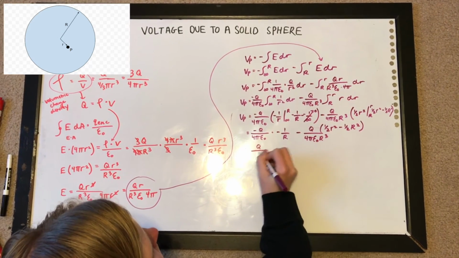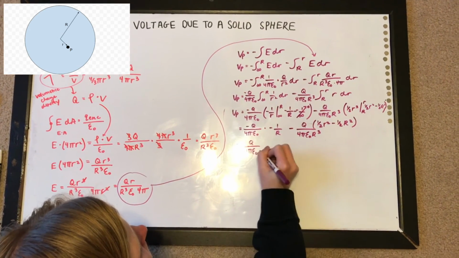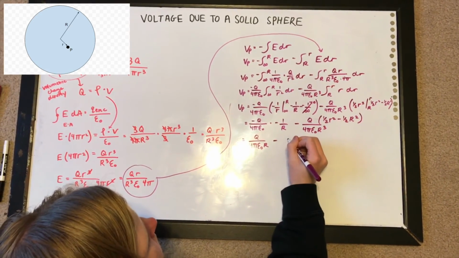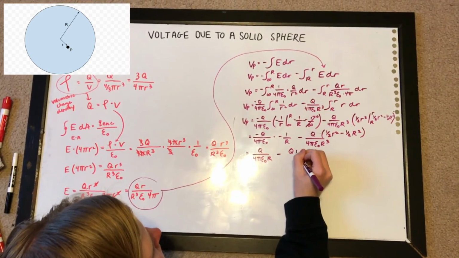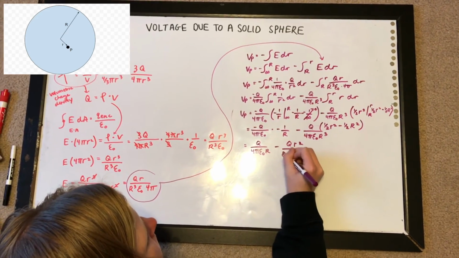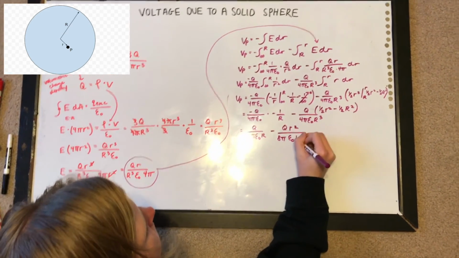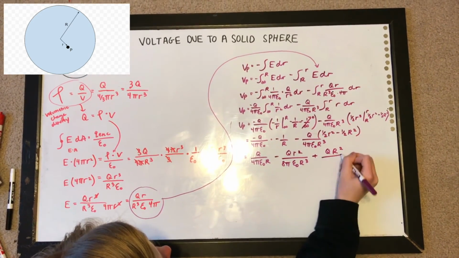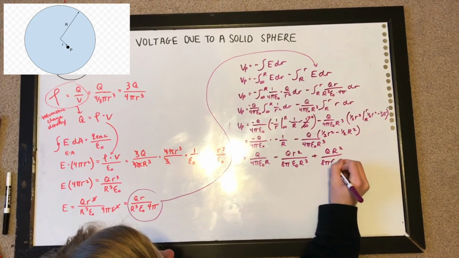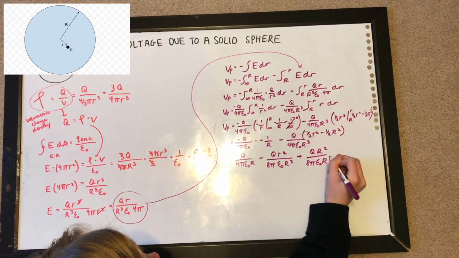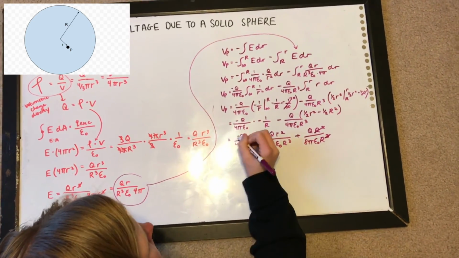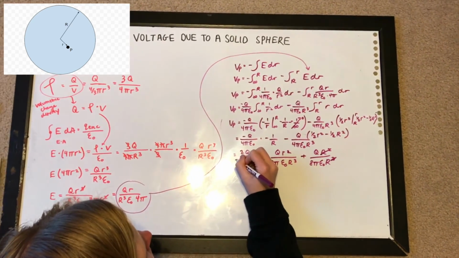Next you multiply, so Q over 4 pi E naught big R, minus Q r squared, bringing down the 1/2, so 2 times 4 is 8 pi E naught big R cubed, plus the same thing over here, Q big R squared over 8 pi E naught big R cubed. And then the R's cancel, so there's only one big R left on the bottom, and it can now be added with the first term.